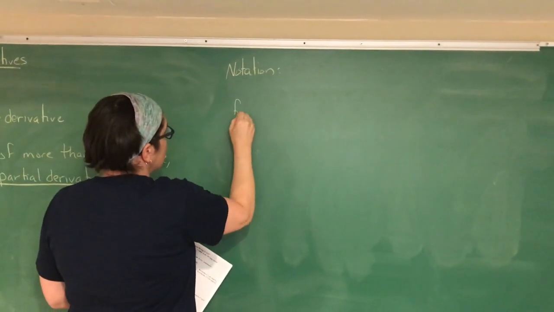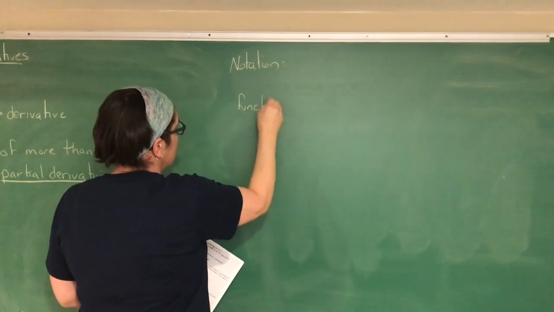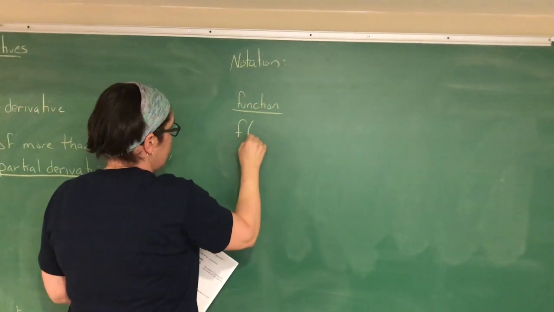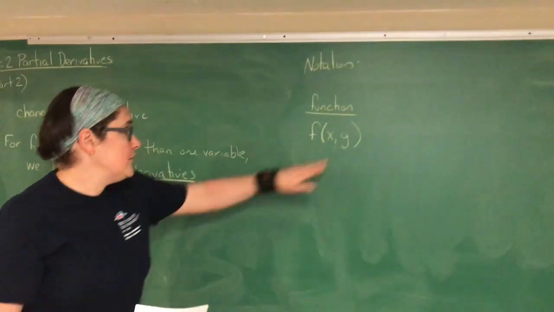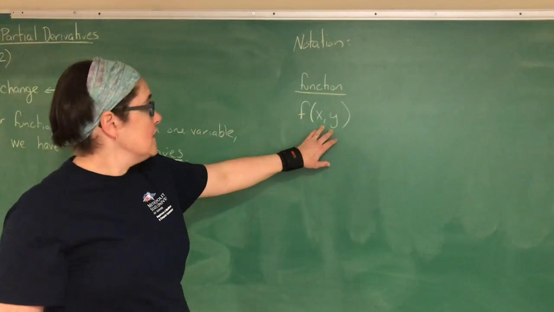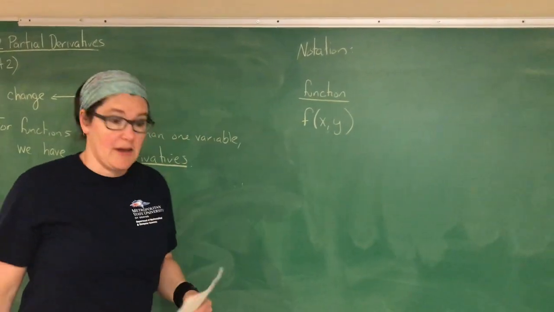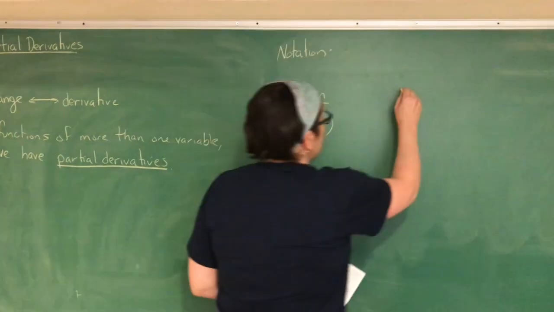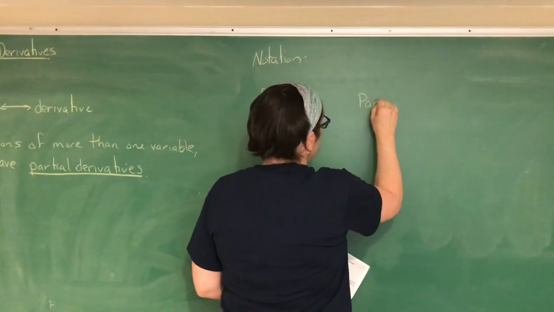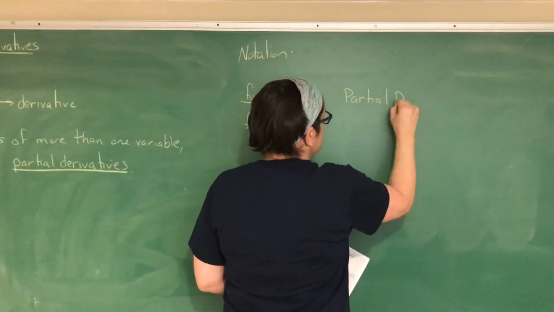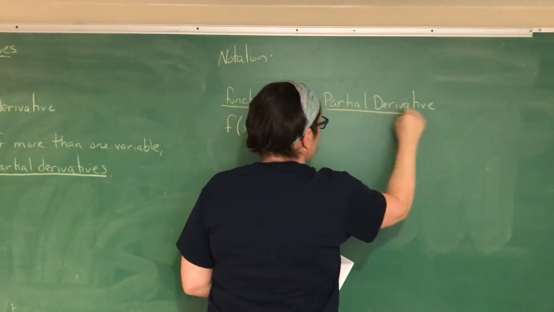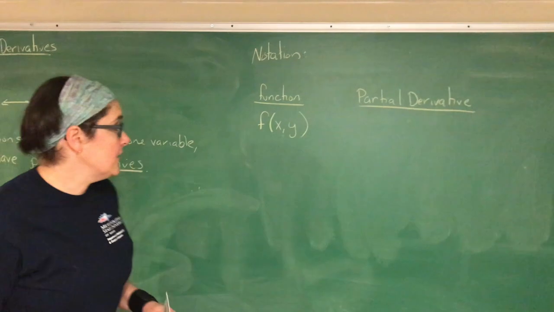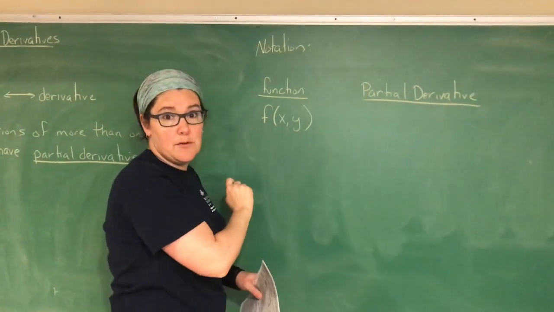Typically we have a function, and now that we're talking about a function of two variables, I have two inputs inside the parentheses. So our function name is f of x, y. And then we have the partial derivative, and we will have a partial derivative for each of the input variables.